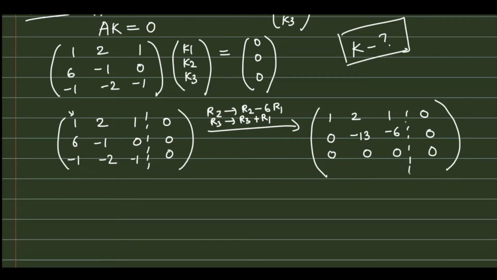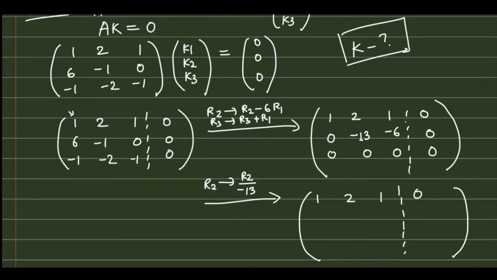Now for the first column it's fine. Now we can move to the second column. So in the second column, the minus 13, in this place we should have 1. So the elementary transformation we are using is R2 becomes R2 divided by minus 13. So the augmented matrix now becomes, the first row is same, no change.